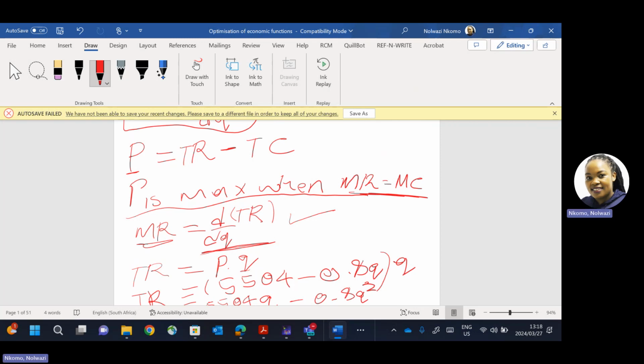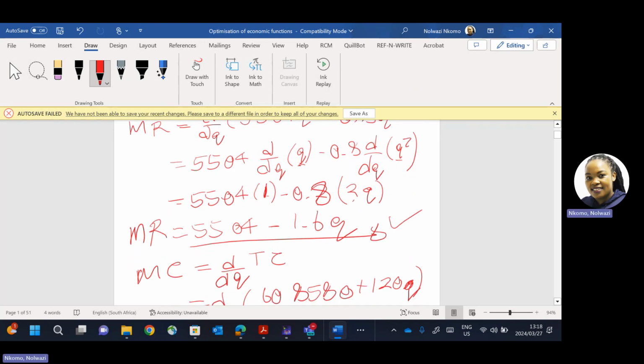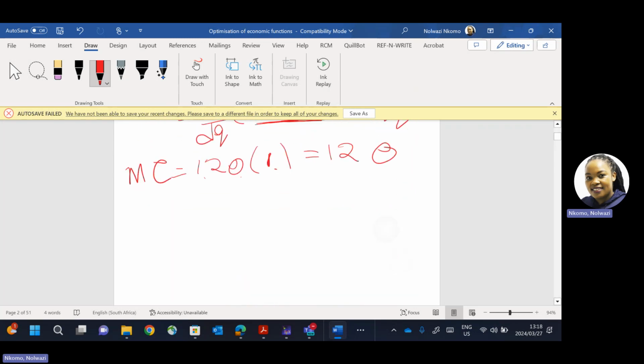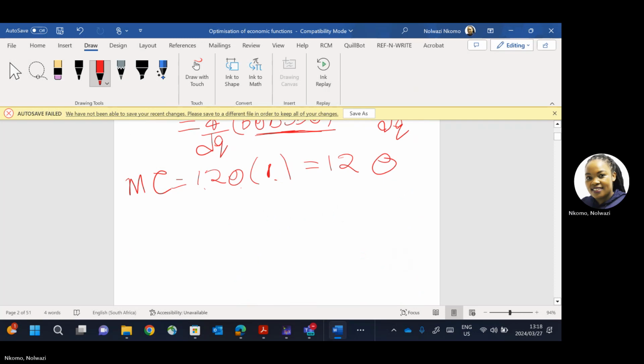So this means we want the price and the quantity when the profit is at maximum. And we said the profit is at maximum when the marginal revenue is equal to the marginal cost. So the next step is to equate these two. Marginal revenue equals the marginal cost, right?